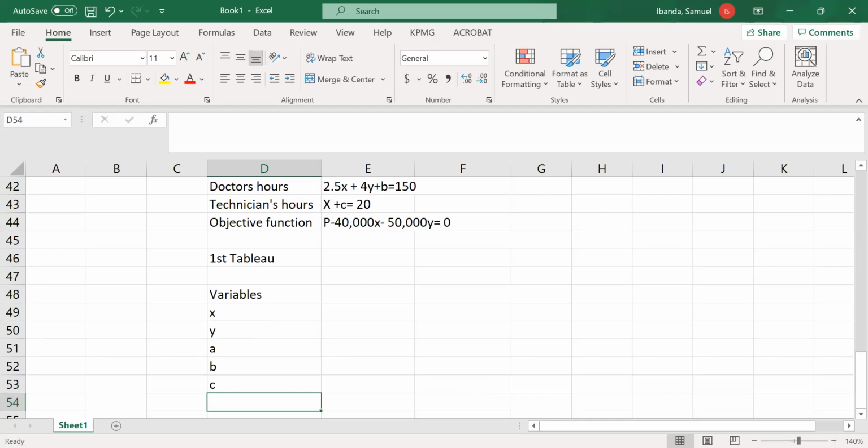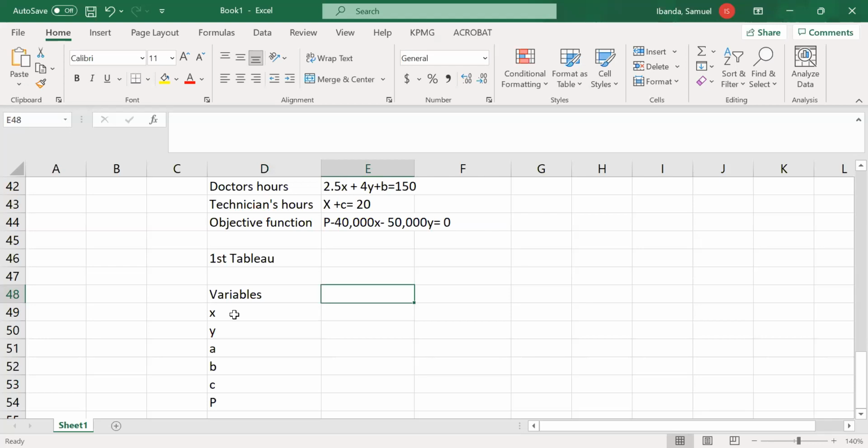And then after we have looked at that, we also need to appreciate that we have our objective function, which in this case I called P, because that's what we are actually looking out for. So I'll call it P. And then we have, of course, up here, I'm going to again rearrange the same things the same way they are here.